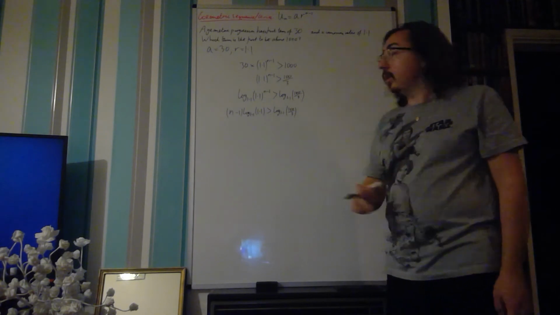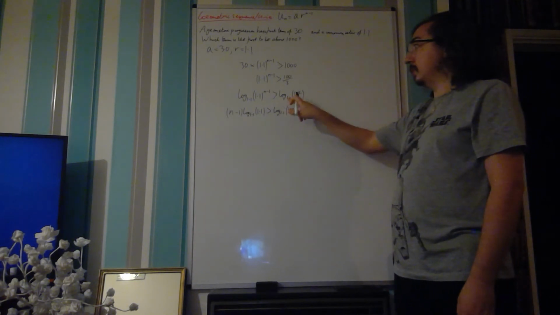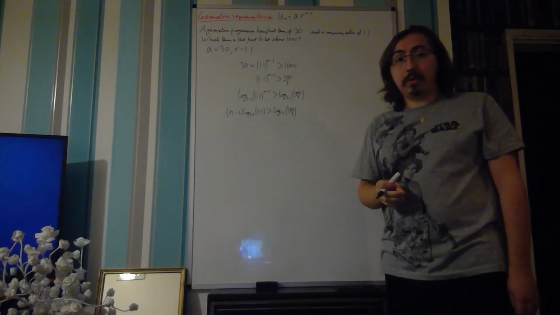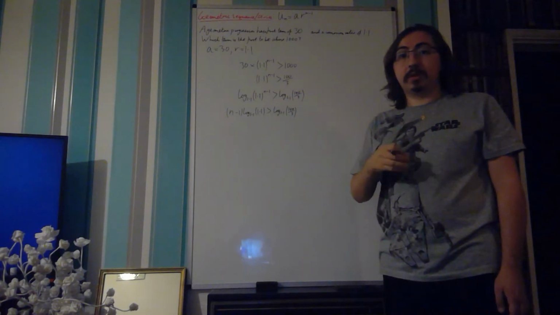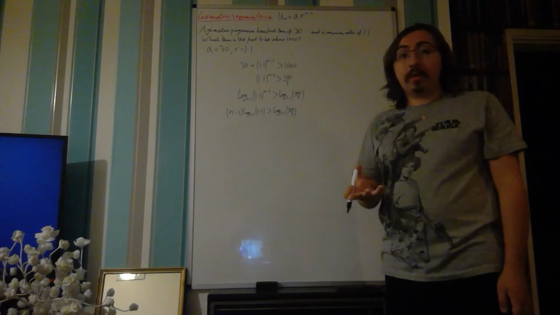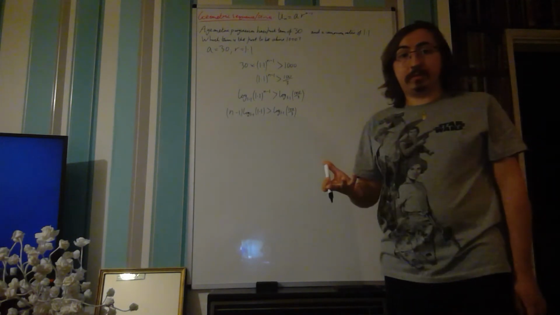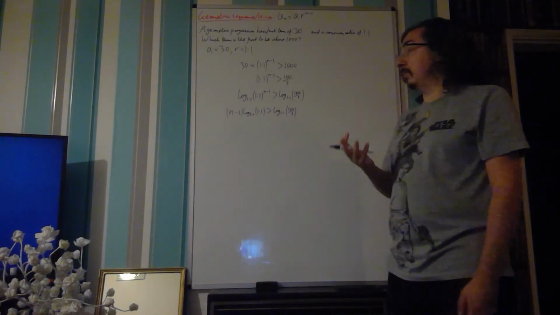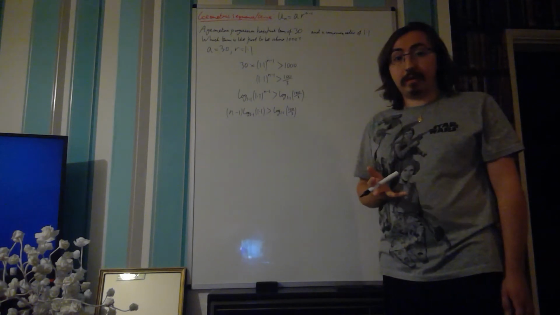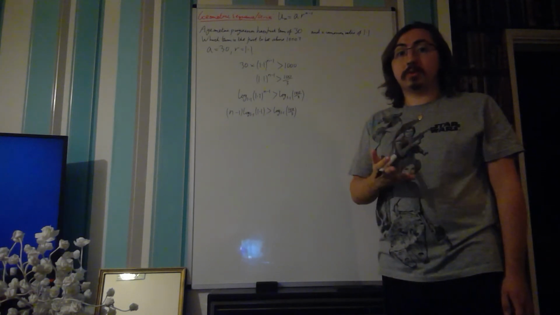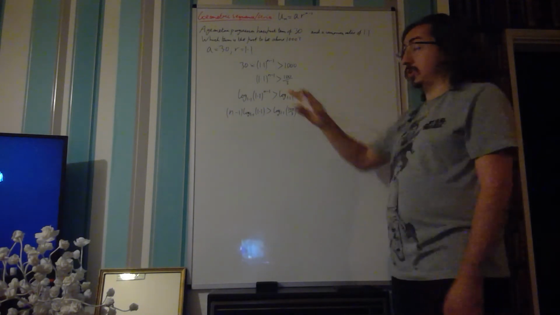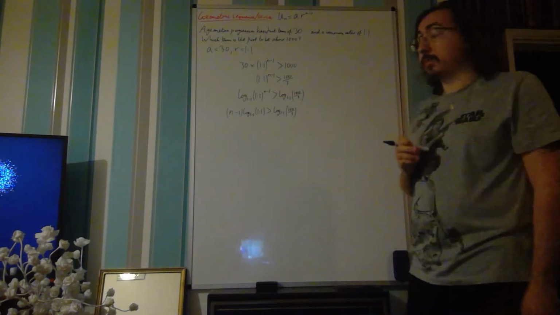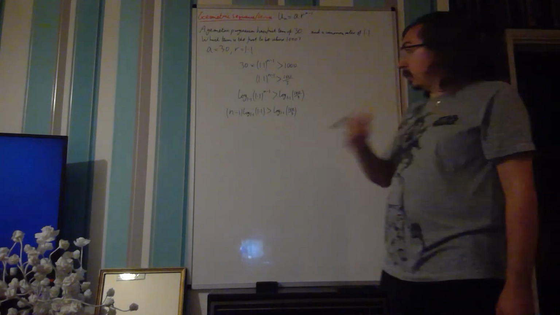And you do, but because our log is base 1.1, it's a base which is greater than 1, it means it's going to generate a positive value. If the log was, say, log to base 0.5, that will generate a negative number, so then you do have to be careful with the sign changes. So you would have to switch the inequality there. So it is something to also be careful of.